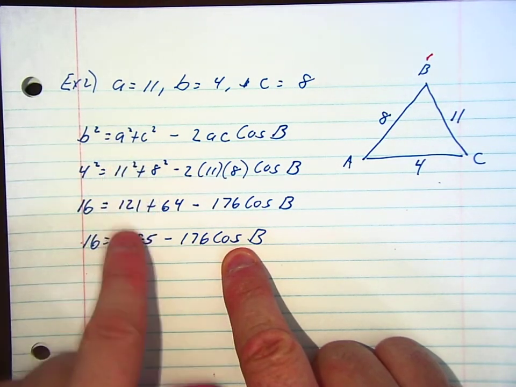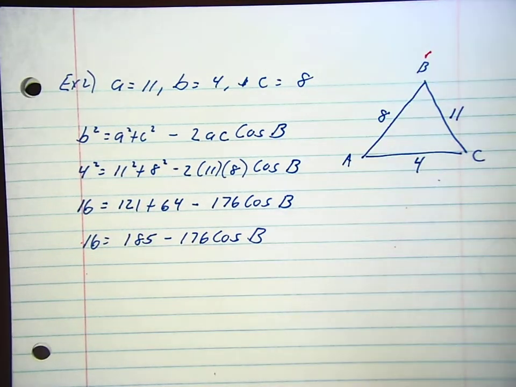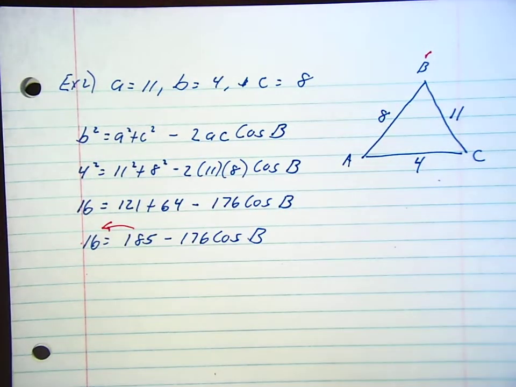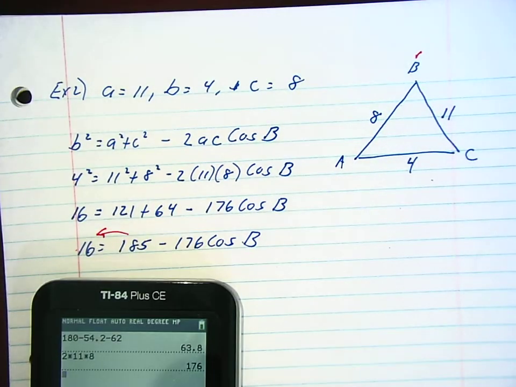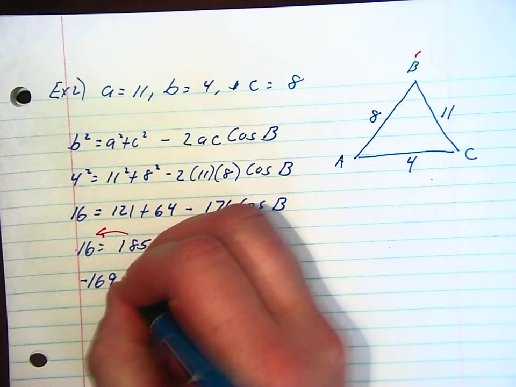So these first two that you square, you'll add them together and then always subtract them over. So I'm going to subtract the 185 over to that side. So I got 16 minus 185 is negative 169. So I'm at negative 169 equals.